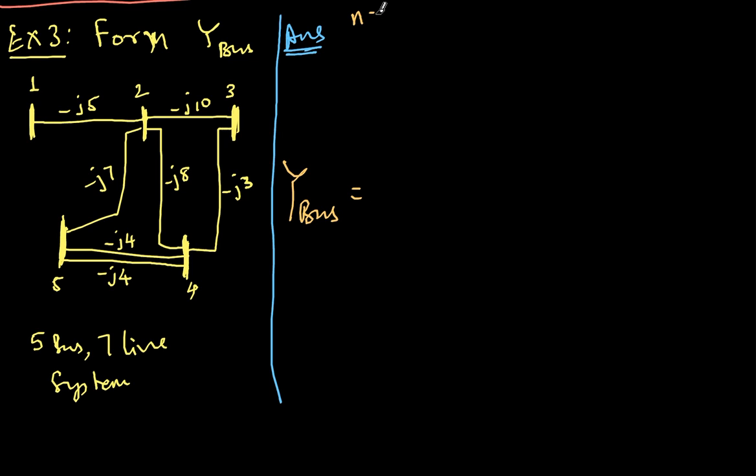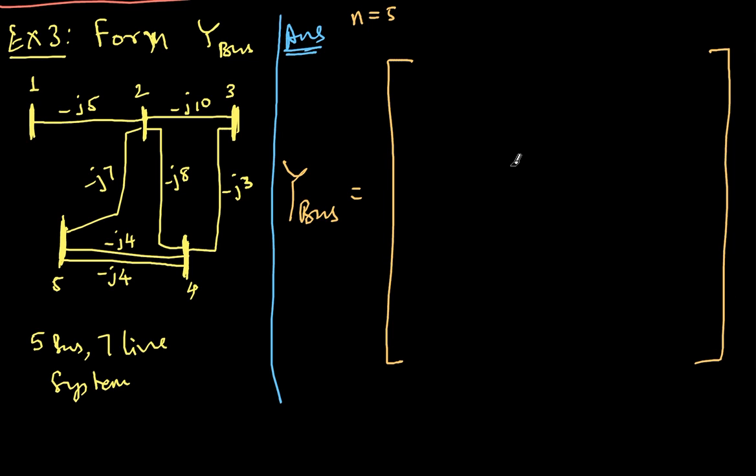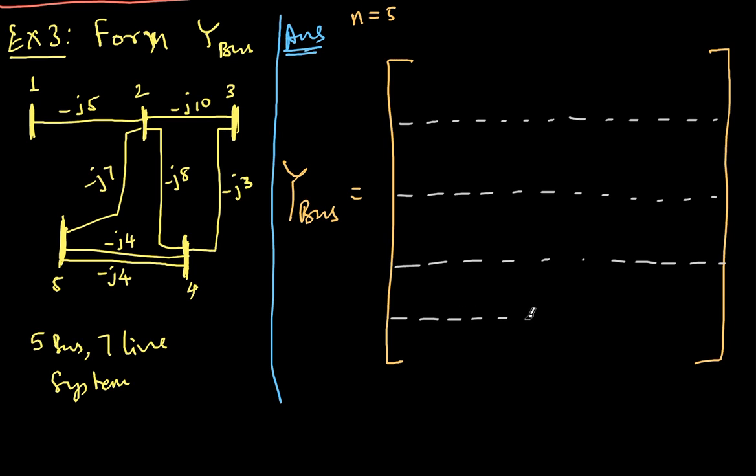Since n is 5, this is a 5-bus system, so I'll have 5 rows and 5 columns for my Ybus. So this is row 1, row 2, row 3, 4 and 5.